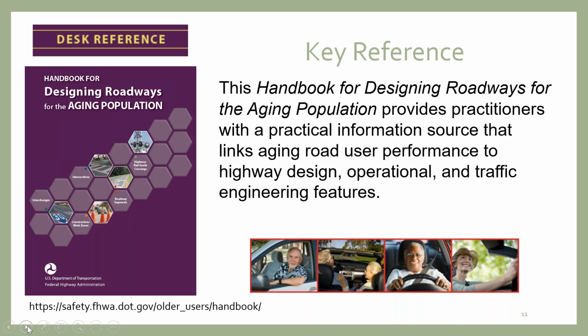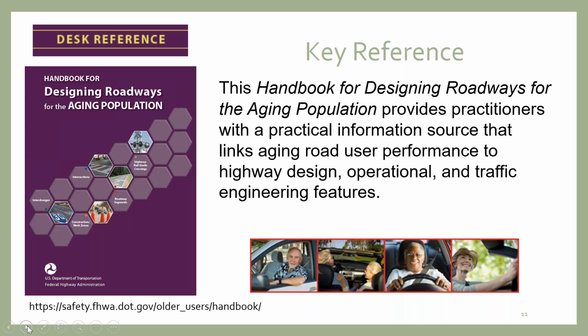Now, most everything that we're going to talk about today is derived from the FHWA handbook for designing roadways for the aging population. There is both a handbook that you can download from the FHWA's webpage, but there's also a handy desk reference.